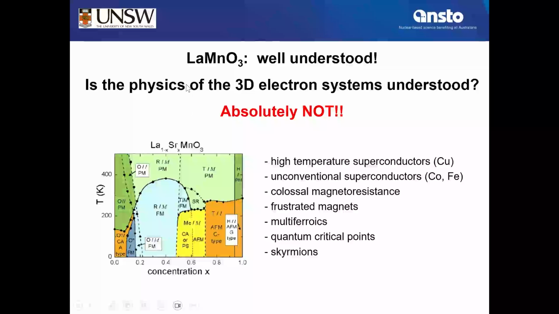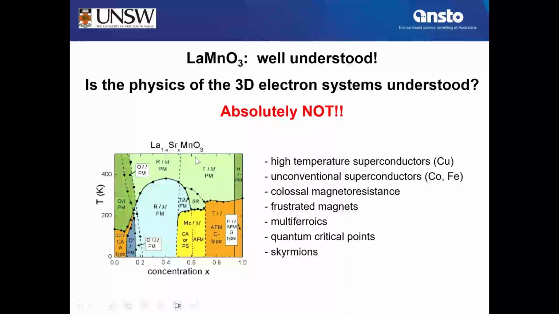But before that, let me come back to lanthanum manganite. So that amazing phase diagram from Loidl's group in Augsburg, I call it the most colorful phase diagram, is actually lanthanum manganite doped with strontium, where you remove electrons. And what you end up with is such a rich phase diagram. PM is paramagnetic, FM ferromagnetic, AFM antiferromagnetic, C-type antiferromagnetic, canted magnetic.